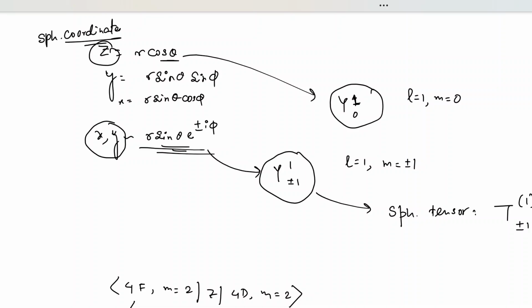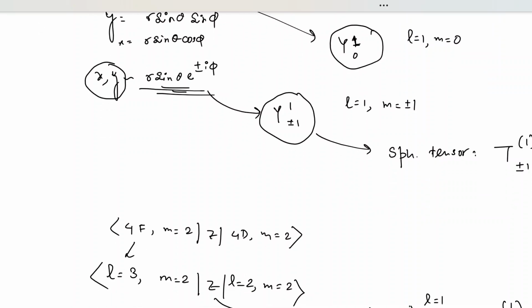So here you saw that z is related to L equal to 1 and M equal to 0. In other terms, this is T1,0. So this can be deconstructed as L equal to 3, M equal to 2. Now only take the terms in M. For z the M is 0, so we call this M1, and the second term we call M2.